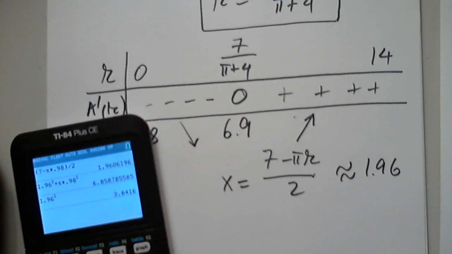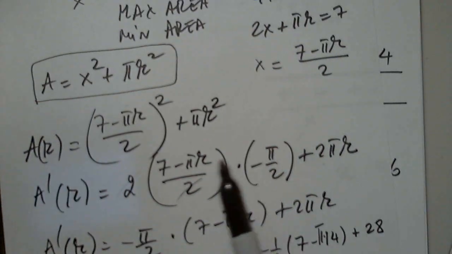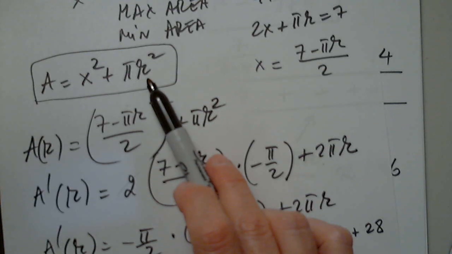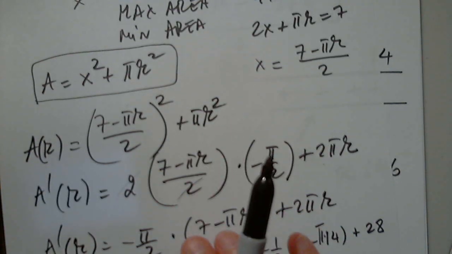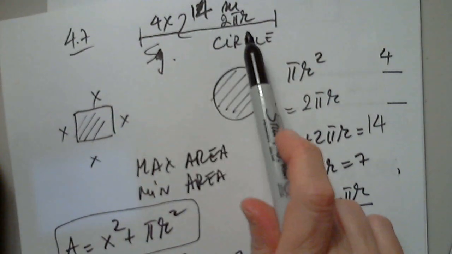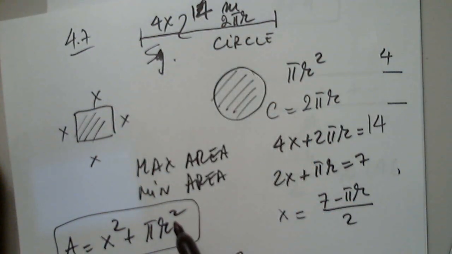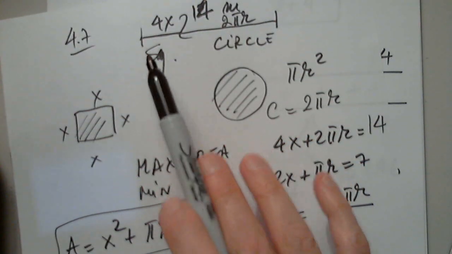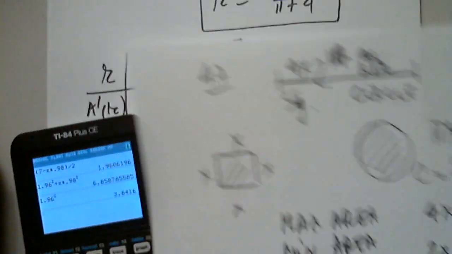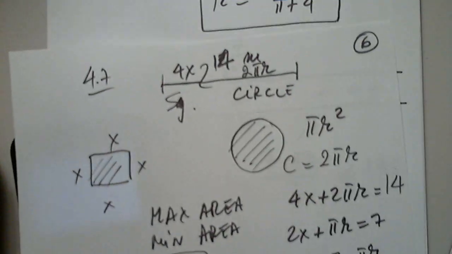When r is 14, no, r cannot be 14. The maximum r can be, when r is 0, sorry.